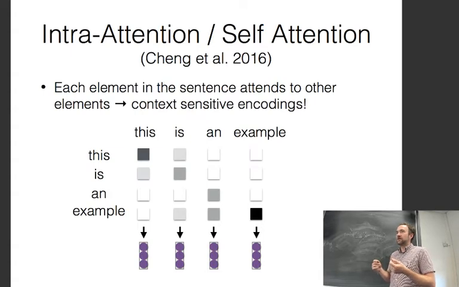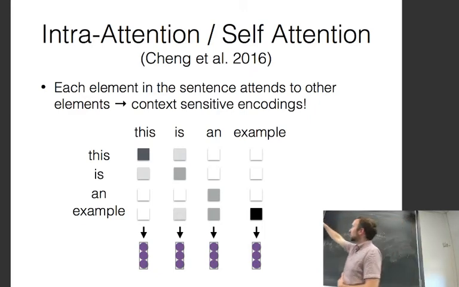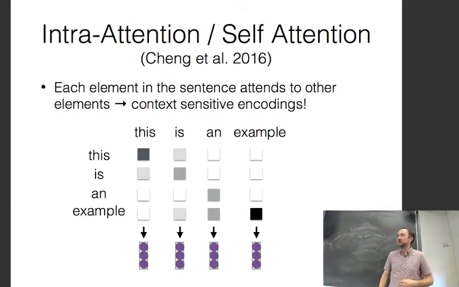If you have money or corporation, bank will probably be the financial bank. But if you have river, it will be a river bank. So when it learns the embedding for bank, it could put 60% of the weight on bank and 30% on river, and then the linear interpolation of river and bank will become the embedding for that word for downstream processing. So that's the idea behind this.